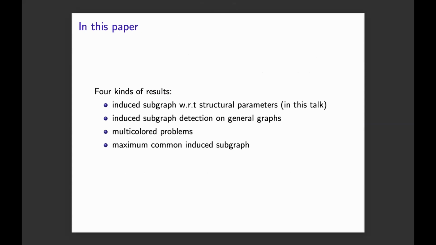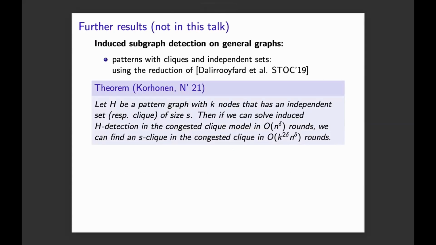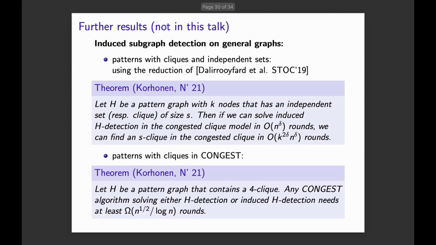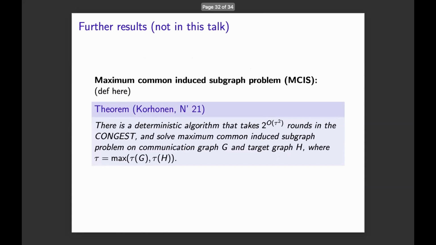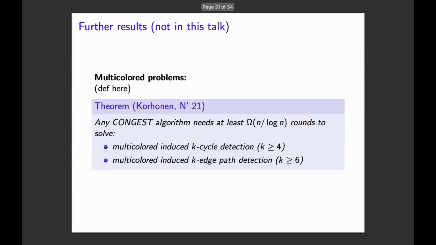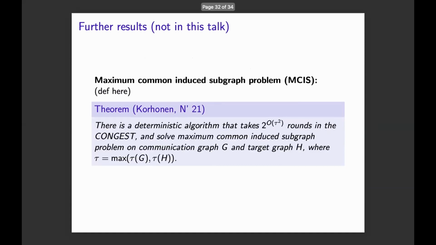In the case of other results, we have the following conditional and unconditional lower bounds for detecting induced subgraphs for general graphs, when the pattern contains a clique and an independent set. And also for the case of multicolored version problems, we use the previous results on multicolor k-independent set and multicolor k-clique.